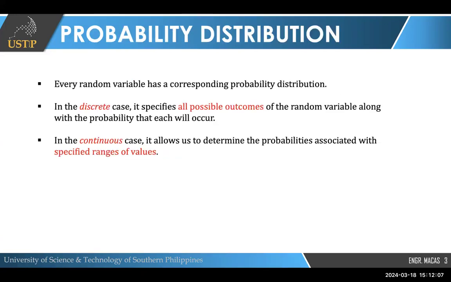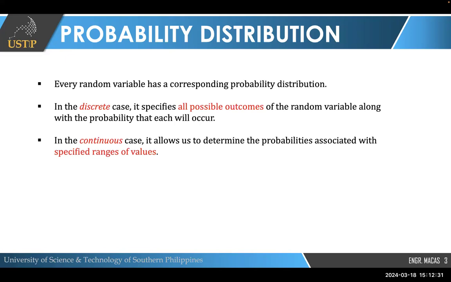Now let's go to what is called probability distribution. Every random variable has a corresponding probability distribution. Basically it's like a histogram where we graph the probability of each outcome.